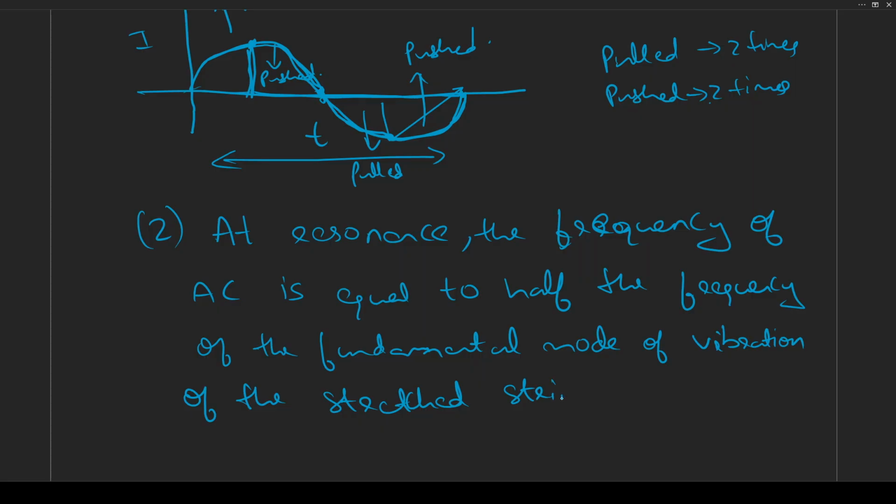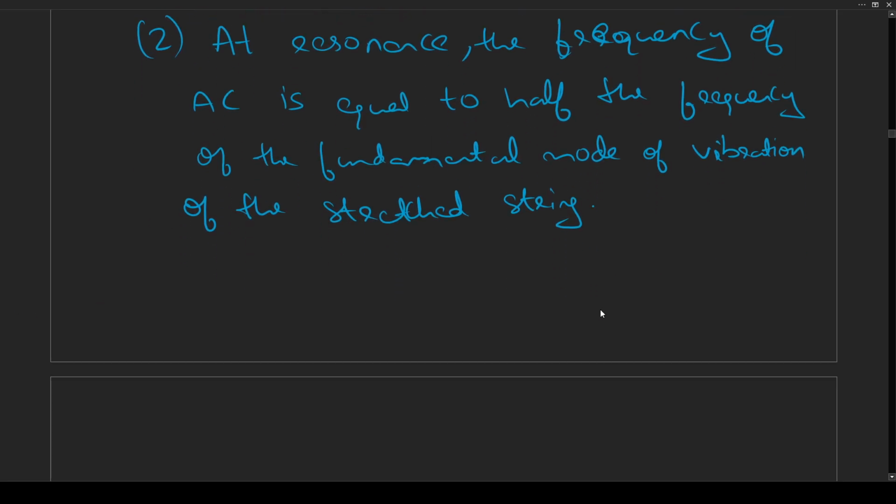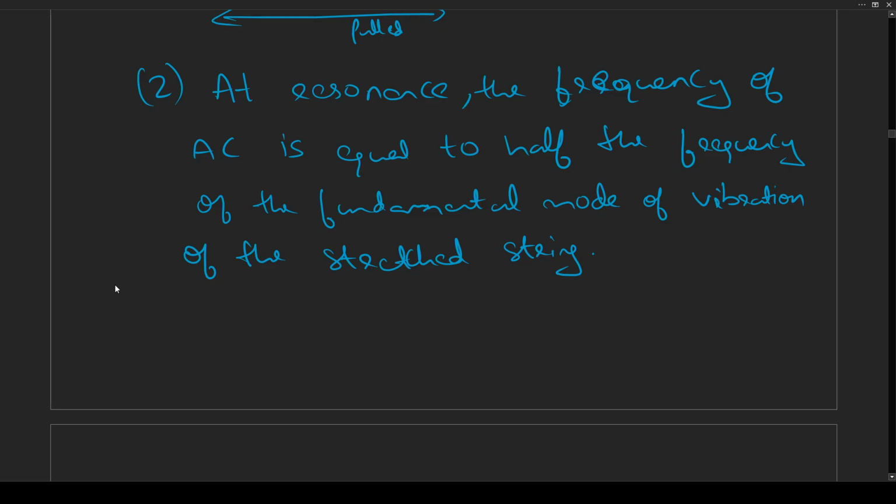We don't need to know much about it. It's just a remembering point. At resonance condition, the frequency of AC is equal to half the frequency of the fundamental mode of vibration of the stretched string. Normally, if we study the vibration or waves in a string, for the fundamental mode of vibration there is a formula for that frequency, and for us, we need to calculate the frequency of AC.